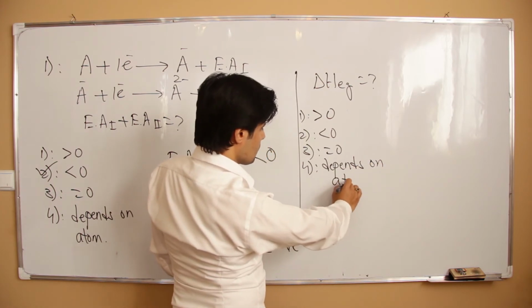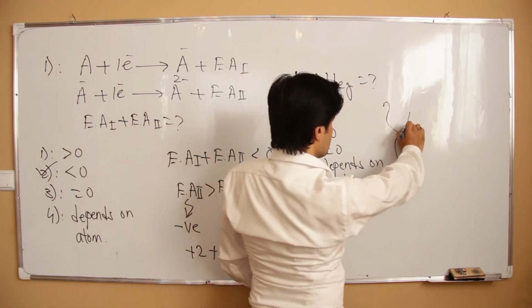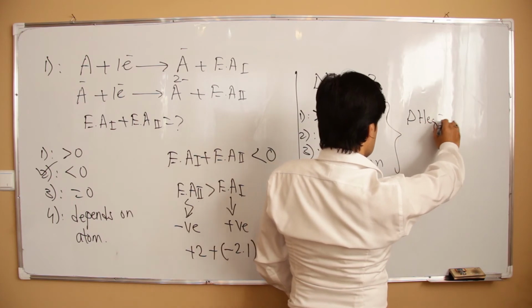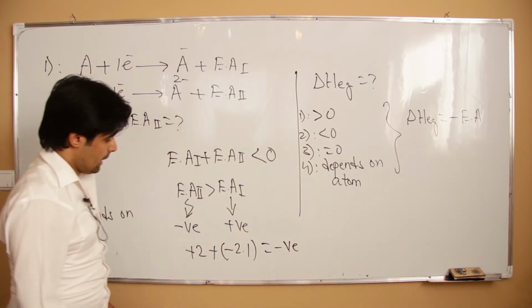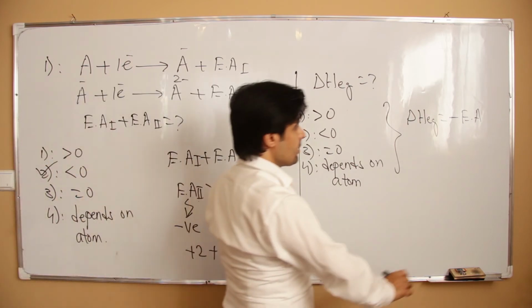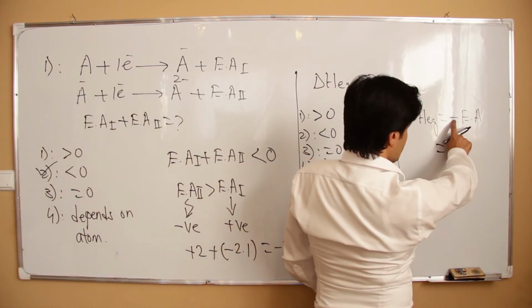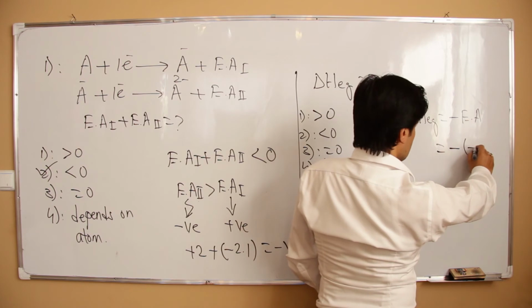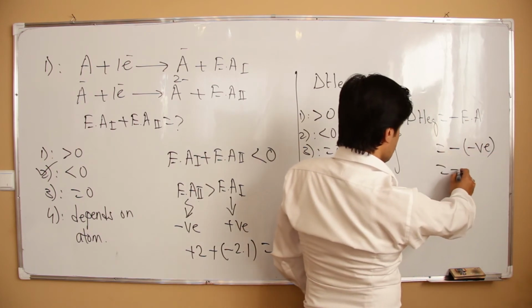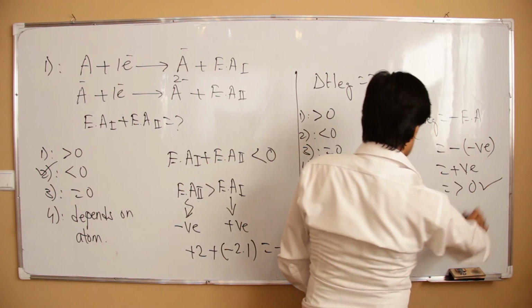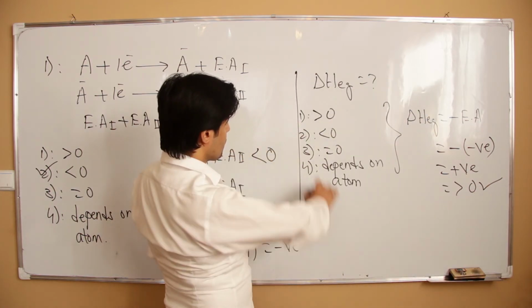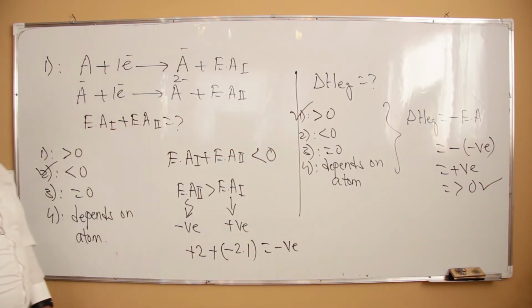We have delta H electron gain enthalpy is minus of electron affinity. Now electron affinity is negative. Since it's negative, we have one negative more, so it will be positive. I mean greater than 0. Number 1. Am I right? Yes. Finished?